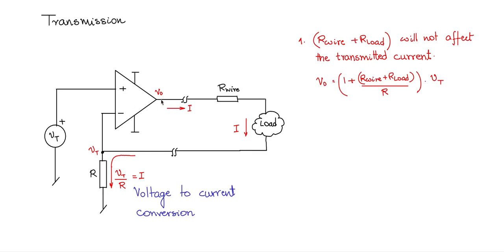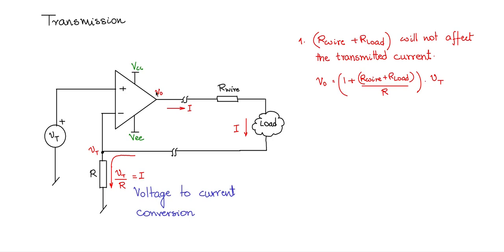So normally you don't need to bother about V naught. It is not going to affect the current that is flowing through the load. But you need to only bother about the extreme values. See that here VCC and VEE are there. So you have plus V and minus V actually, or plus VSAT and minus VSAT.